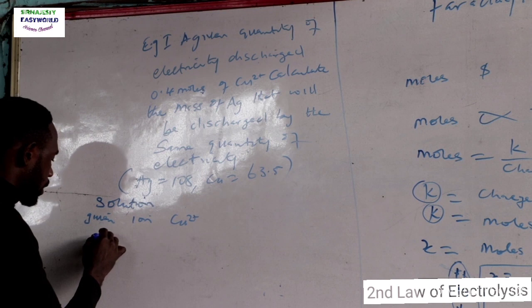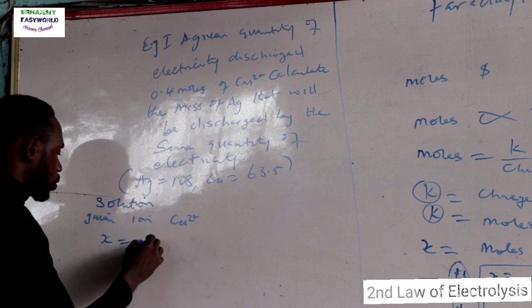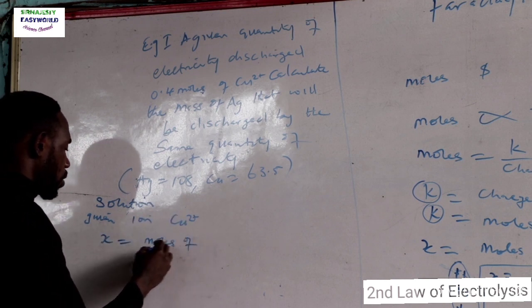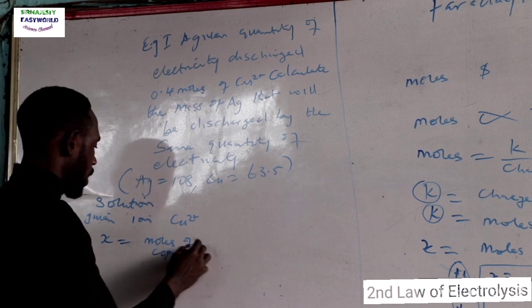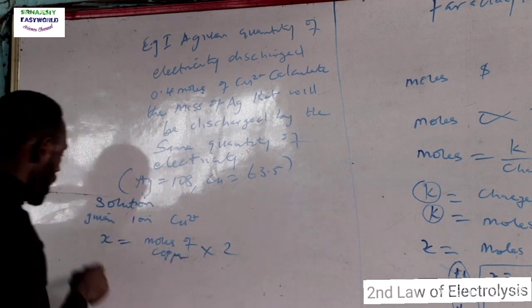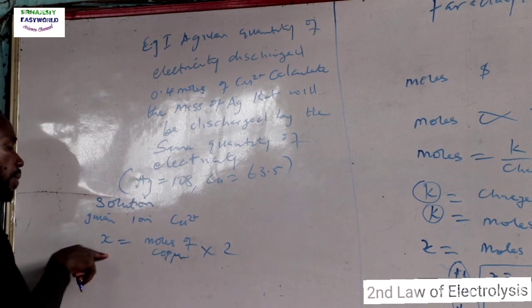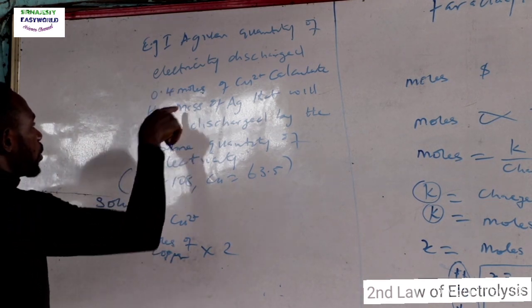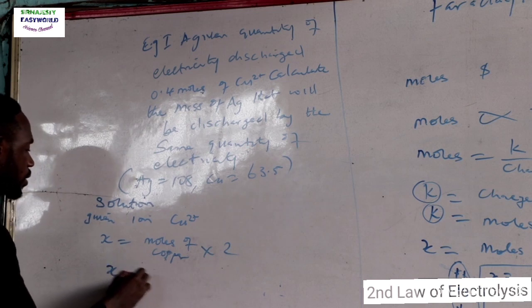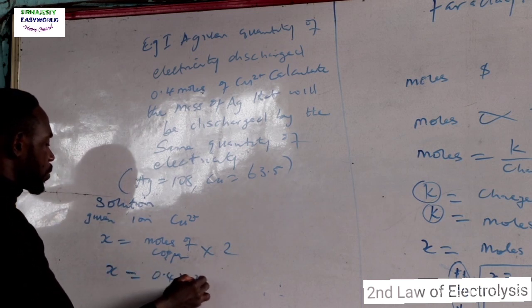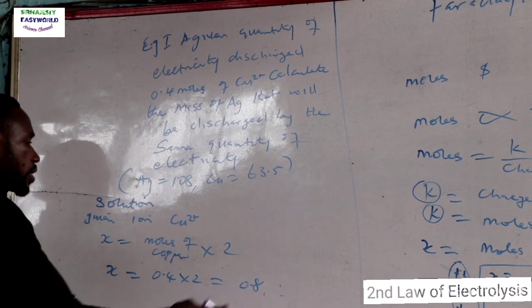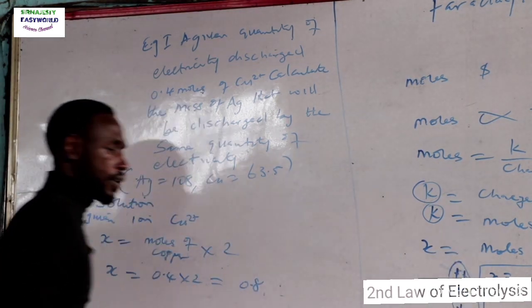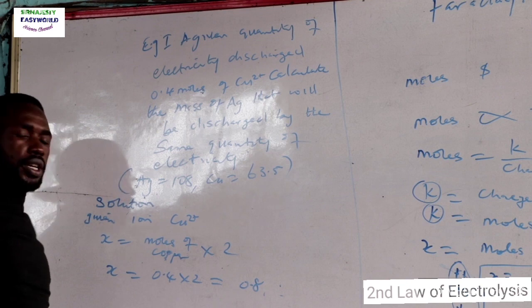Then you lift our formula, and copper is plus 2. X is equal to the number of moles of copper times 2. And you have discovered this factor we are talking about. The number of moles of copper from the question is 0.4. So our X is 0.4 times 2, which is automatically 0.8. This 0.8 is our X factor. We have gotten the X, and I call this method the X factor.